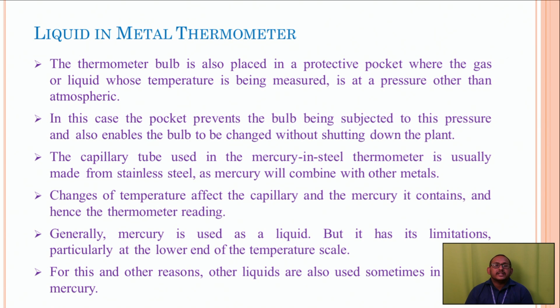Here mercury is used as the liquid, but it has its limitations also. There are other reasons for not using mercury, and other liquids can also be used in the liquid in metal thermometer in some places.